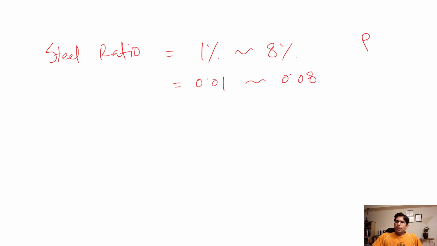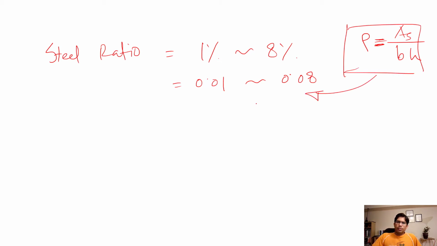And what is the steel ratio? Steel ratio is As by bh, and that is the steel ratio equation. Our steel ratio should always be between these numbers according to the code.